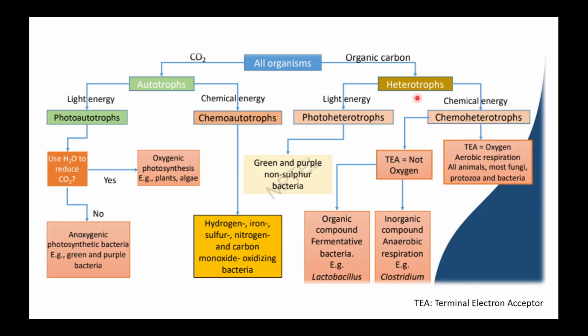And if it is using light as energy source, it would be photoheterotroph. If it is using chemical energy as the energy source, then it would be chemoheterotroph. So all humans come under this chemoheterotroph category, because we use organic carbon source and we use chemical energy to break down those organic carbon sources into energy. Okay.